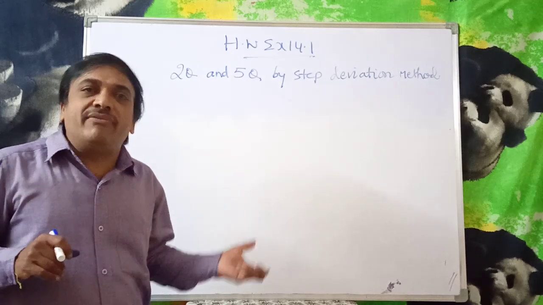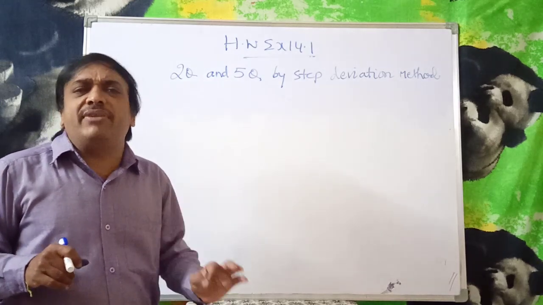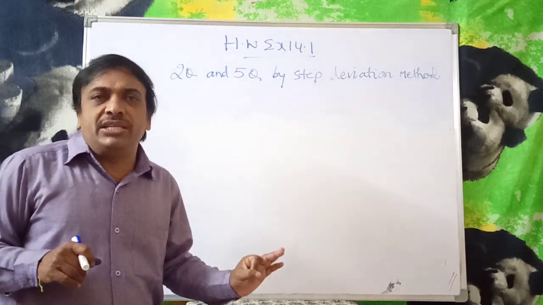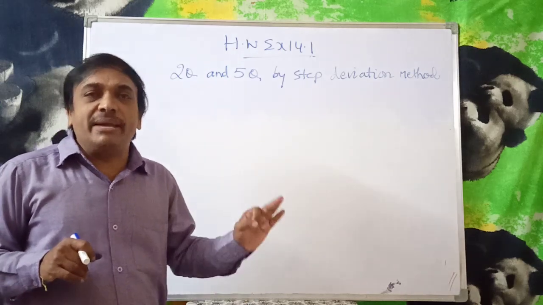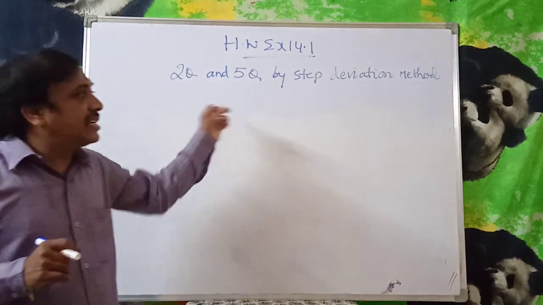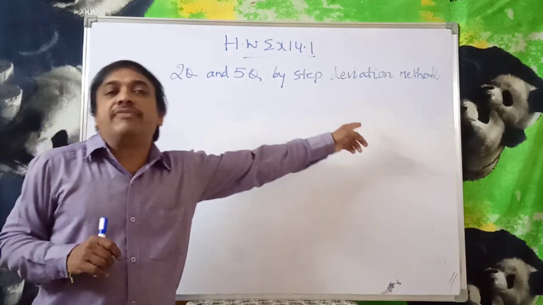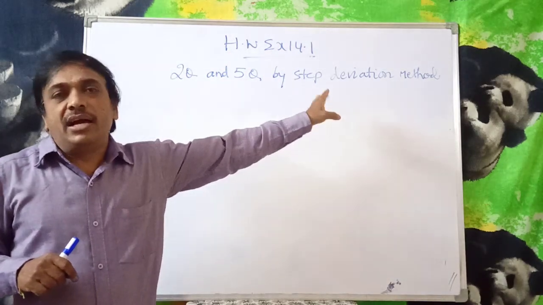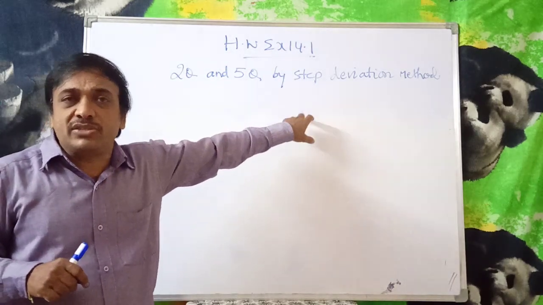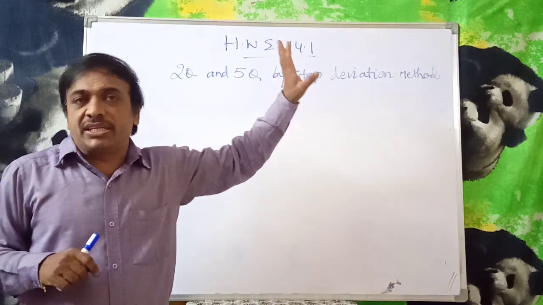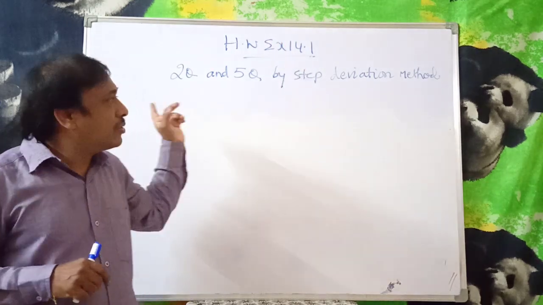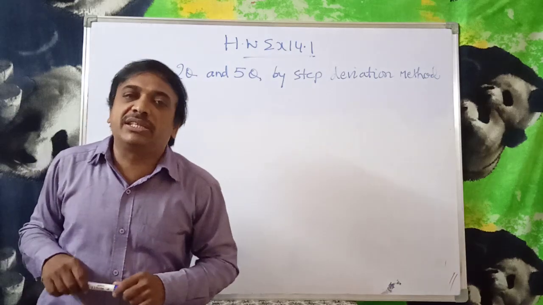Even when assuming the A value among the class marks, any value you take, you get the same answer. So these are the two homework questions for today's class: from exercise 14.1, questions number 2 and 5 by the step deviation method.